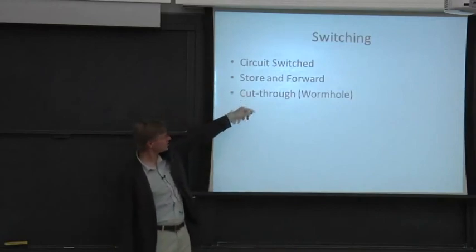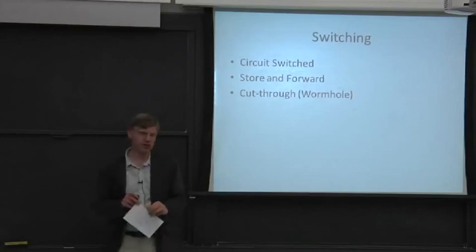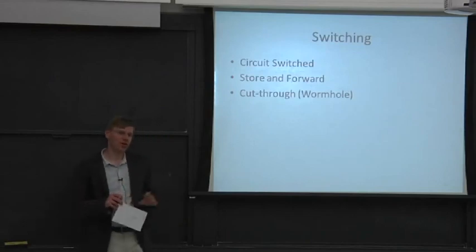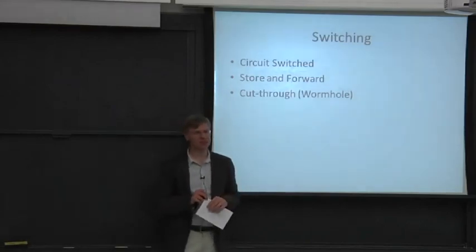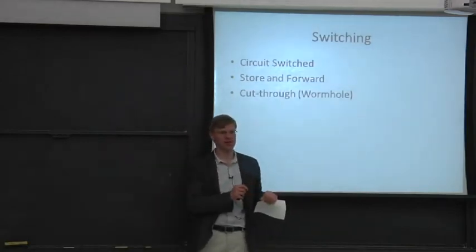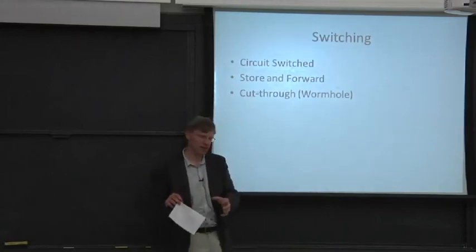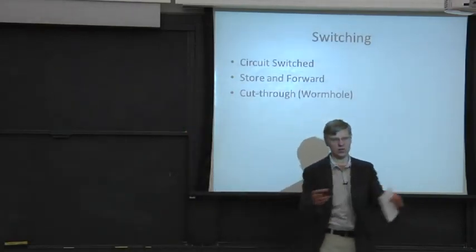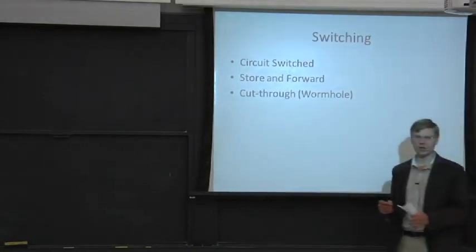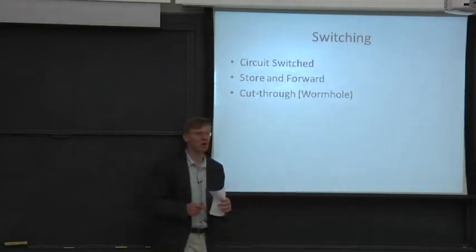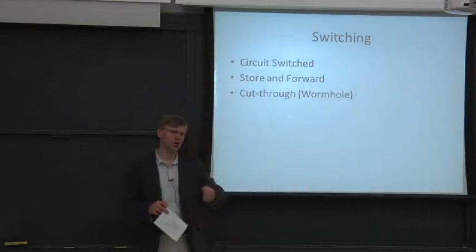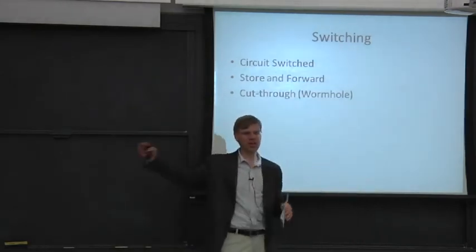That's in contrast to cut-through networks, which are sometimes called wormhole networks. Cut-through networks still have packetization, but they'll actually worm through the network. So instead of sending the data from one location to the next hop, and it waits for the entire message to be received before it sends it on to the next node, a cut-through network will actually start to send the beginning portion of a message from one node to the next node along the hops before the tail has been received.